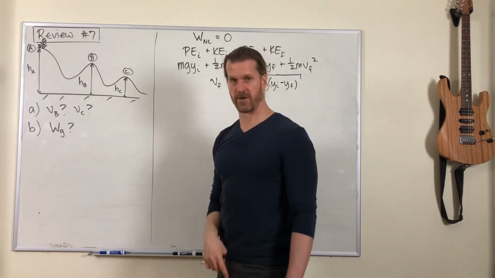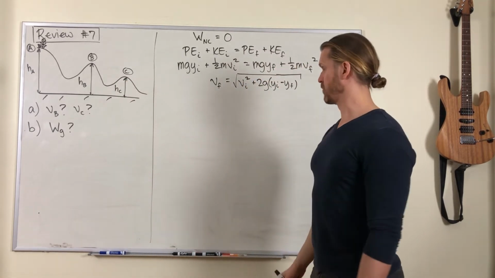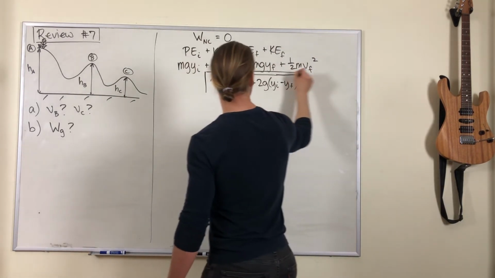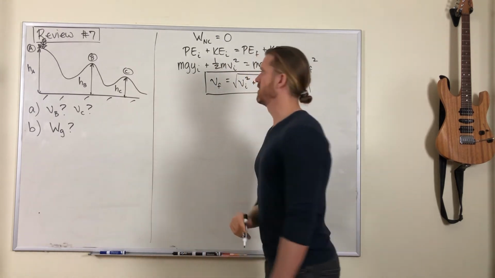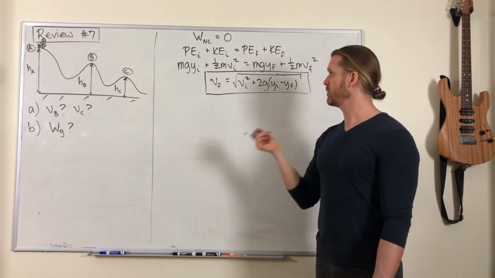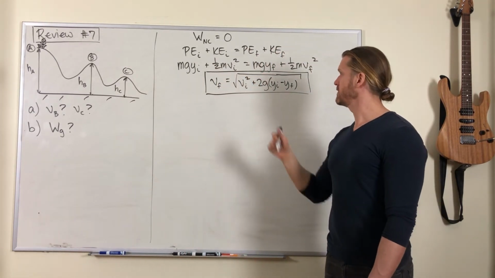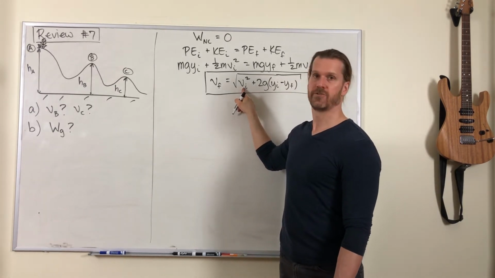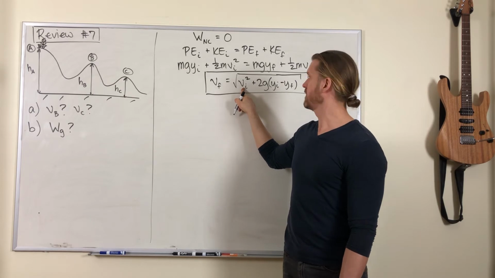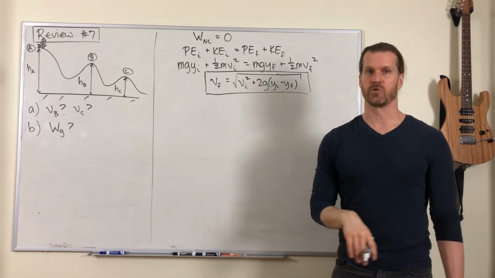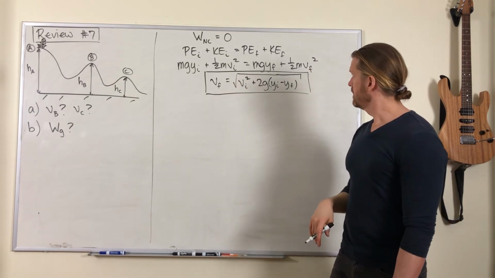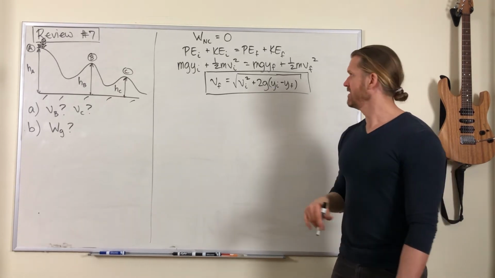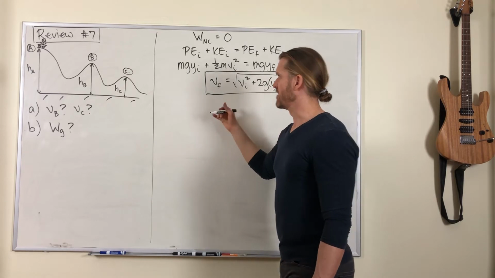And similarly for point C. So this is really the master equation that'll allow you to solve for the speed at any point along this track. Keep in mind that the speed at point A, if you're using v initial at point A, that's 0, so this first thing will go away. So that's all you got to do. Kind of works like magic.